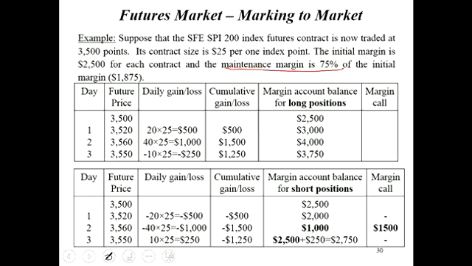These are just examples. They're at liberty to change that as necessary. And of course, if the market does get quite volatile, they can do this more than once a day. If things really get bad, and usually it's bad when it's going down, then they can call in margin more than once per day if necessary.